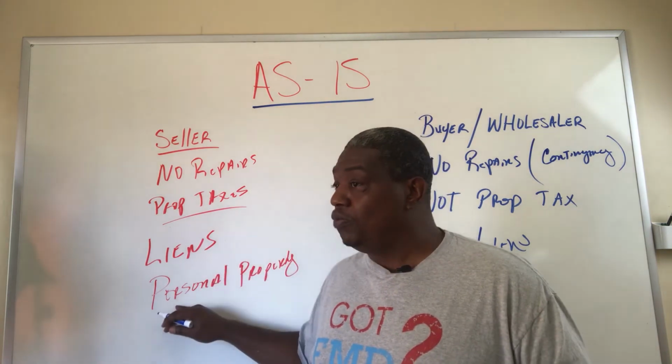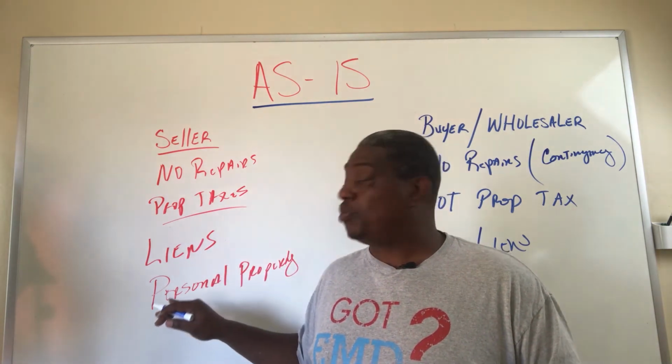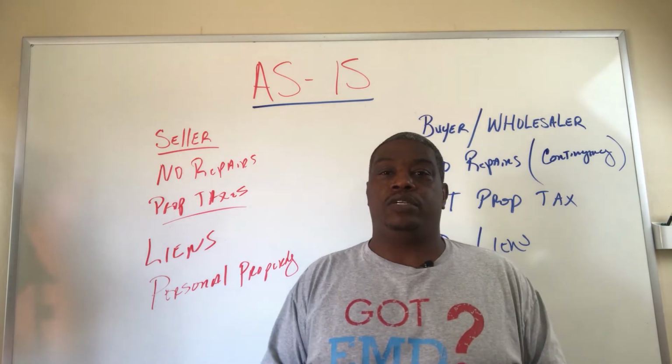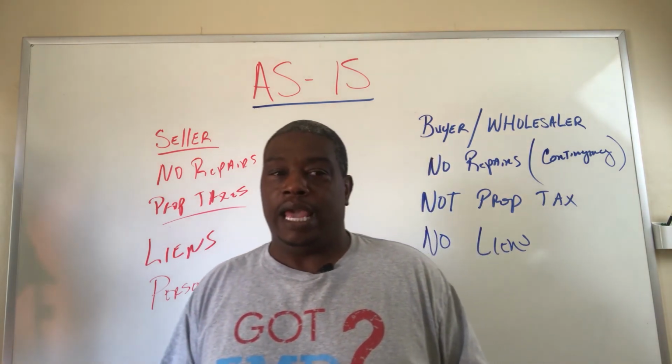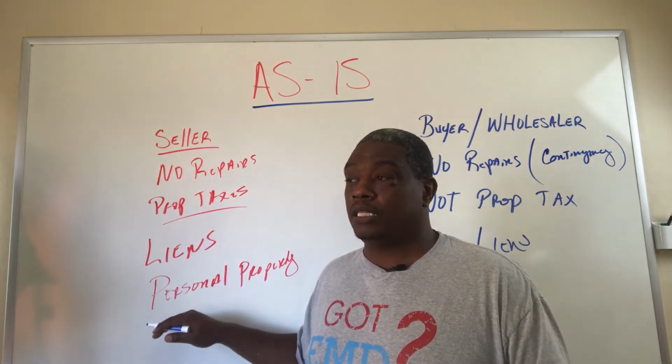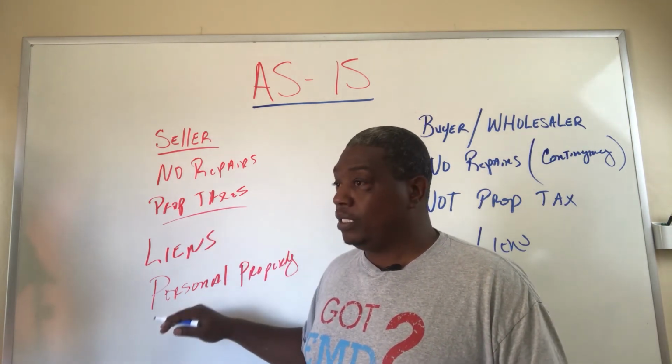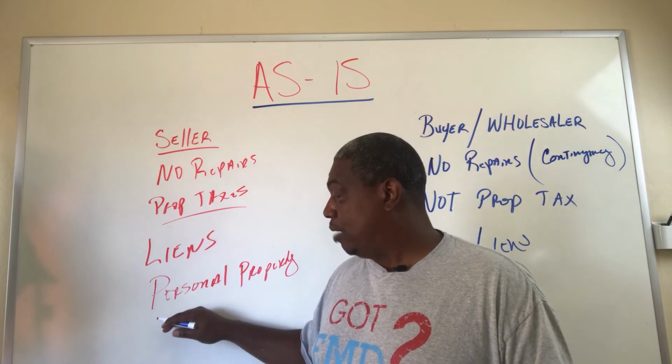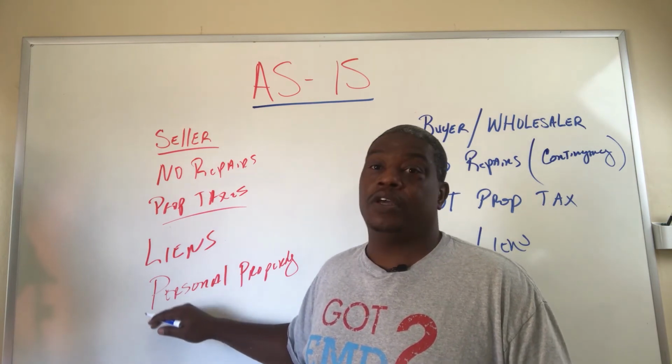They don't want to move all of their possessions out of the property. One thing you have to do is acknowledge and have them sign off that when you take possession of this property, you take possession of the personal property also, if you want to do that.